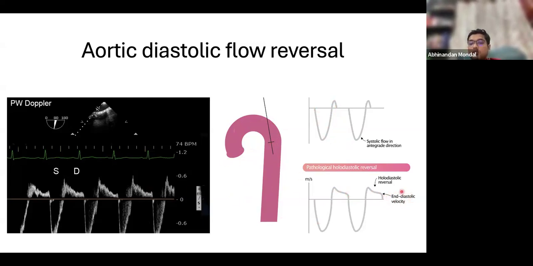If the end diastolic velocity is more than 20 and flow continues throughout diastole, that tells you the patient has severe AR. So this is your systole, this is your diastole. You can see that at the end of diastole there is also a flow. If we measure it and it is more than 20 centimeters per second, you are dealing with severe AR.